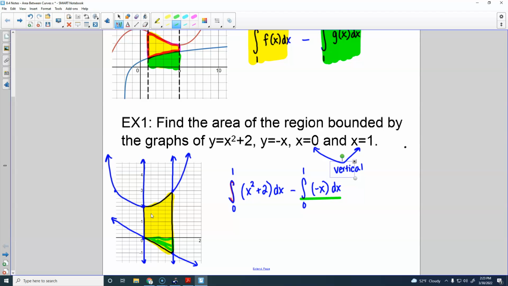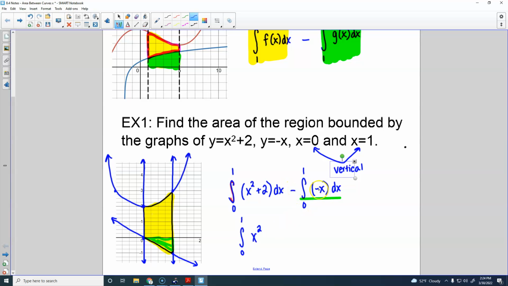Now, you can integrate this separately like this if you would like, or because they have the same limits here, you can put those together. So that would be the integral from 0 to 1 of x squared.